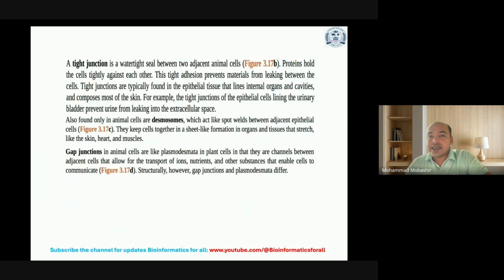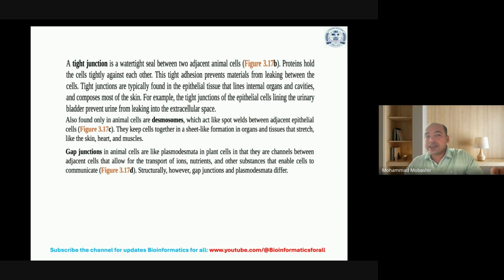And tight junctions are found only in animal cells. So this is another question and answer. Desmosomes act like spot welds between adjacent epithelial cells. They keep cells together in a sheet-like formation in organs and tissues that stretch, like the skin, heart, and muscles.